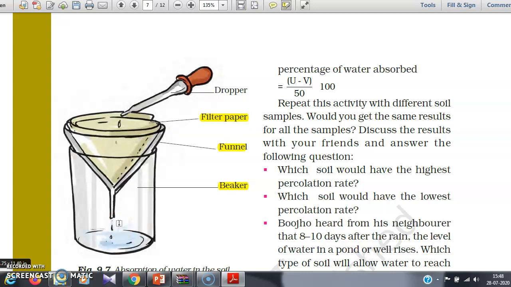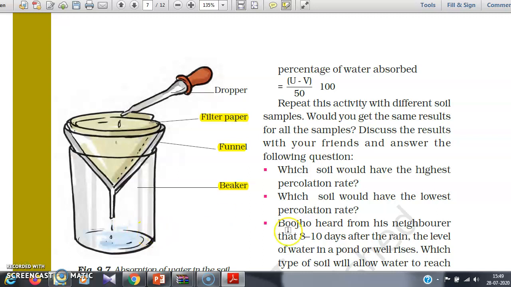You have to understand that water will start dripping when it exceeds the limit of water retention of that particular soil. That means up to what it can retain, it will absorb water. When it is not able to retain the water, water will start coming out of the funnel as drops.